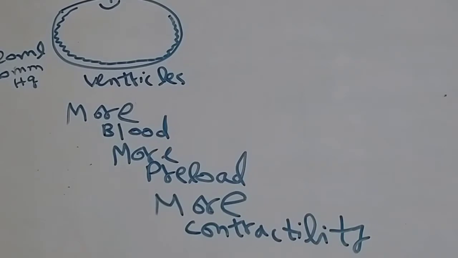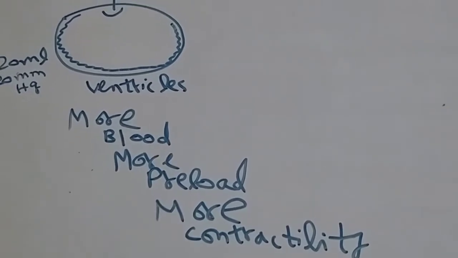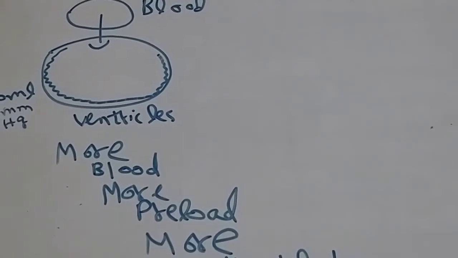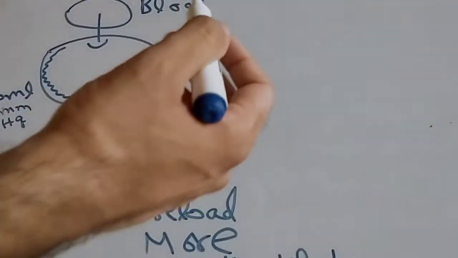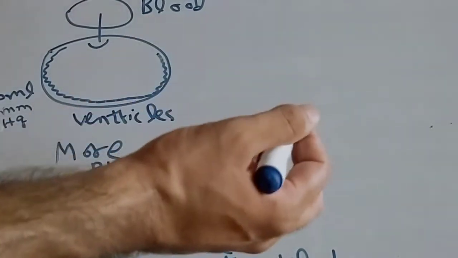Now we would like to talk about what factors determine this preload. Definitely the factors which influence the inflow of blood from the atrium into the ventricles would affect the preload as well. So let's discuss that.